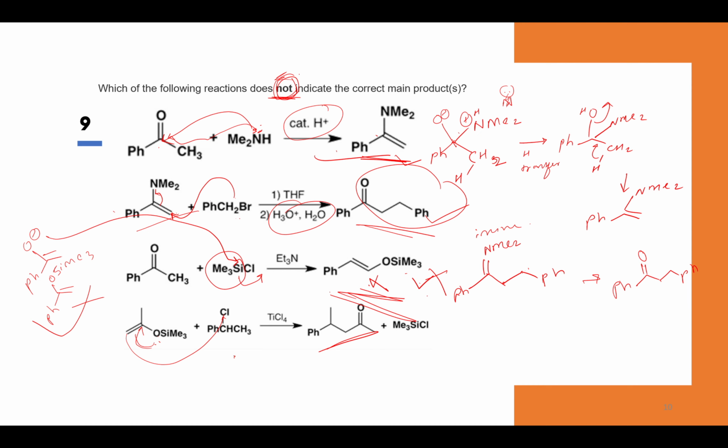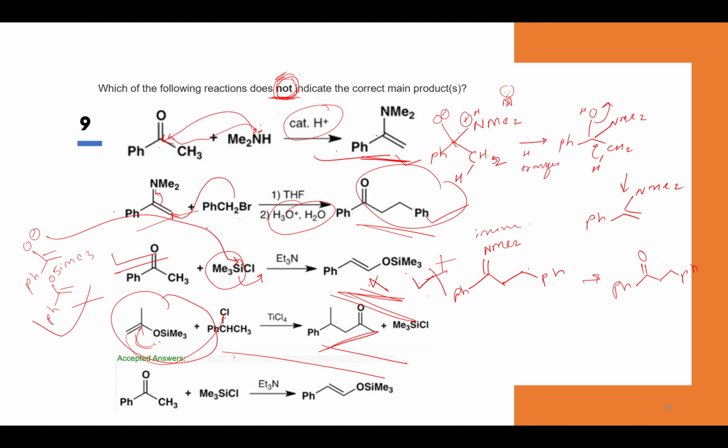And in option number 4, we have discussed that after silyl ether formation, the reaction will take place via this way only, and this is a correct option. But first, the silyl ether formation should take place, which in option number 3 is not shown. That's why it is the correct option according to the question.